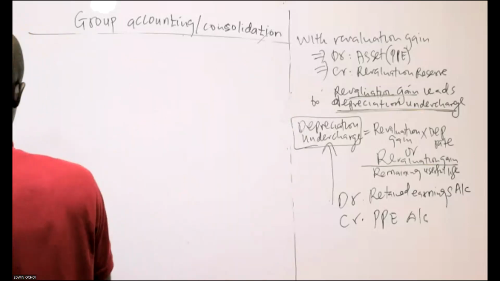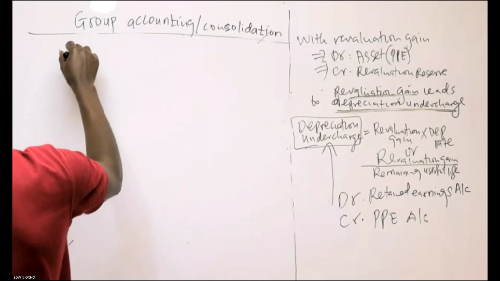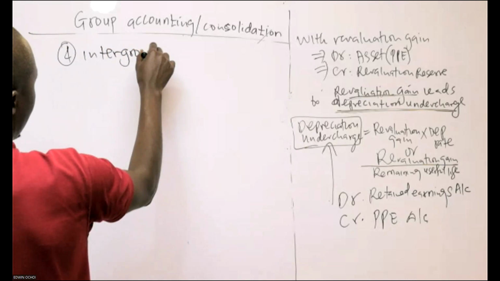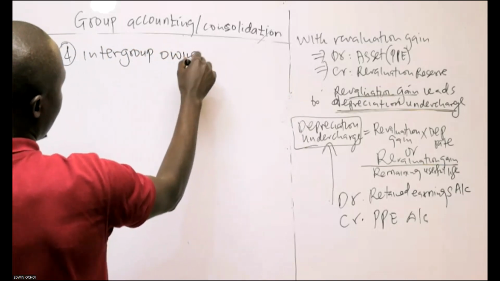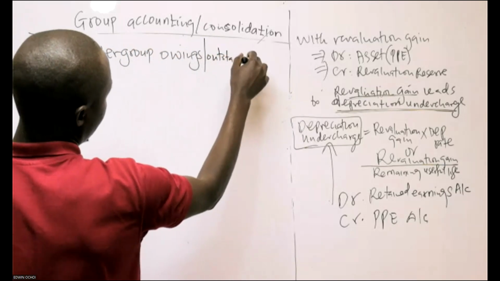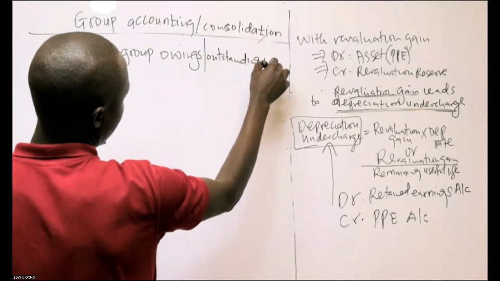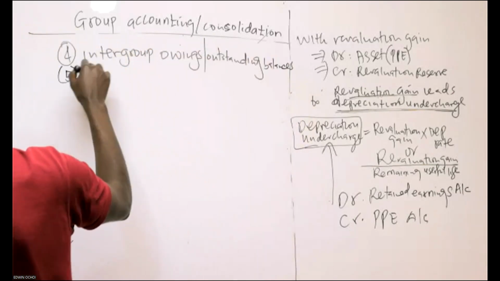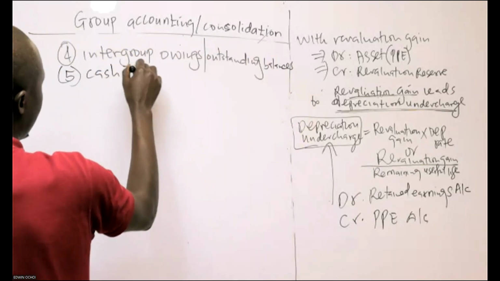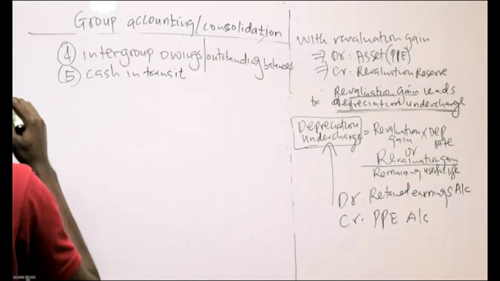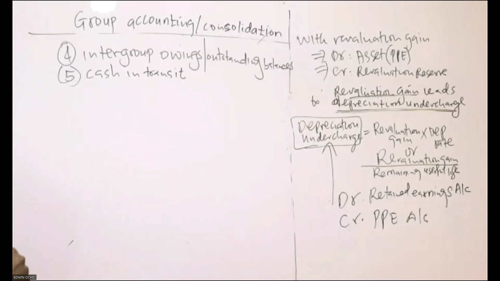So other adjustments are, number 4, we have intergroup owings or outstanding balances. And this one mostly goes hand in hand with cash in transit.